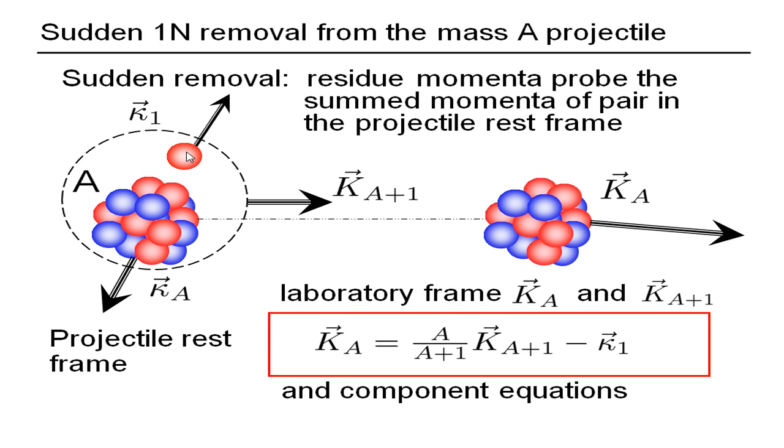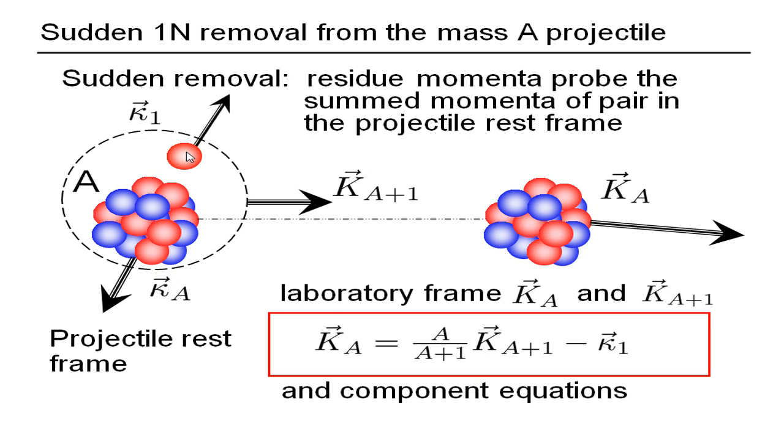Simple momentum conservation. Okay, so in the projectile, whatever momentum this A-body system is carrying is representative at that instant of time of what the momentum being carried by this nucleon is.